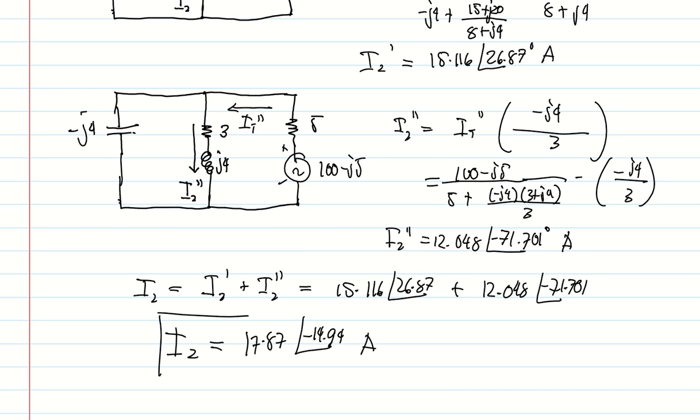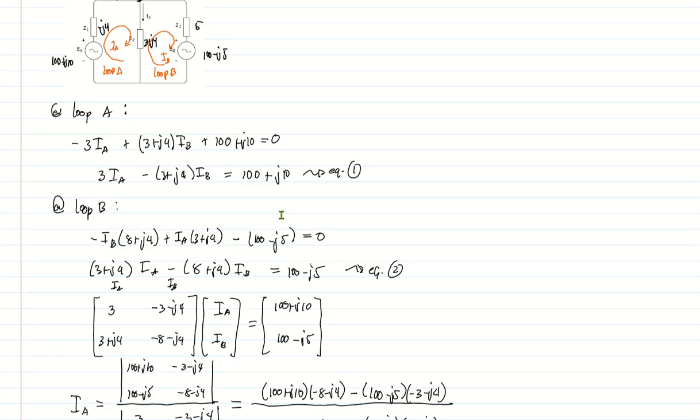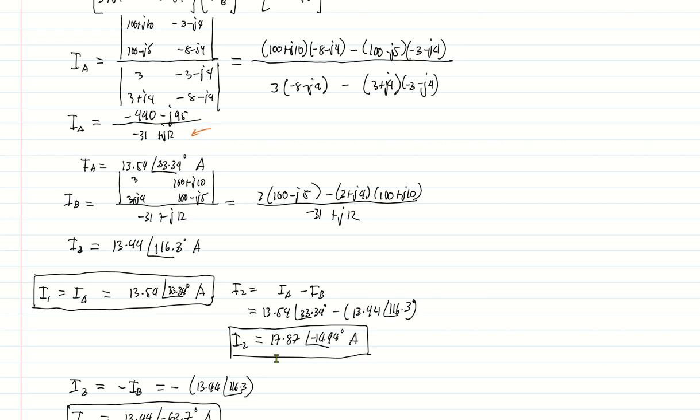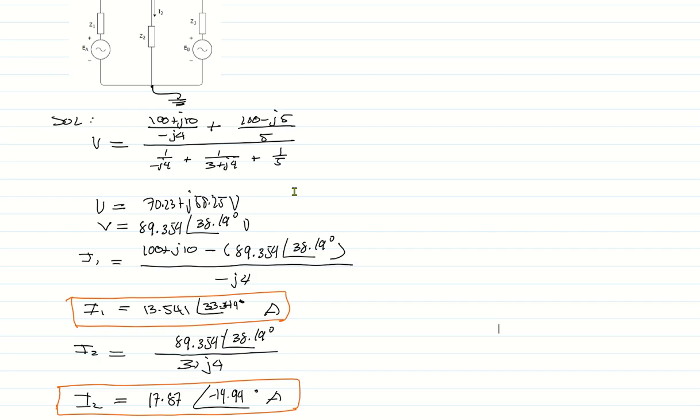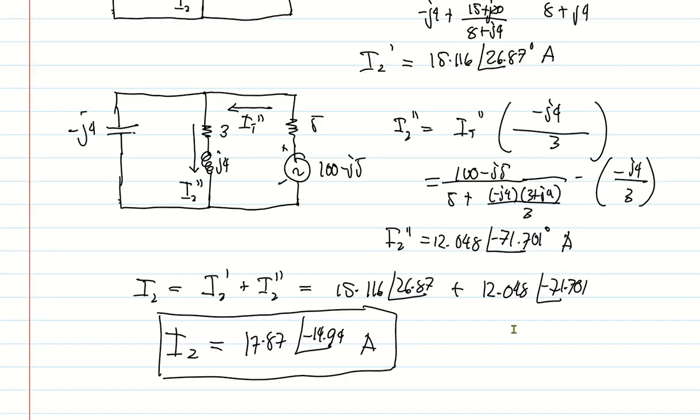So this is now the current passing through Z2, 17.87 angle negative 14.94. If we take our answer in mesh analysis, for I2 we solved I2, and this is also equal to 17.87 angle negative 14.94. For nodal analysis, I2 is also equal to 17.87 angle negative 14.94. And this is superposition in AC circuit.